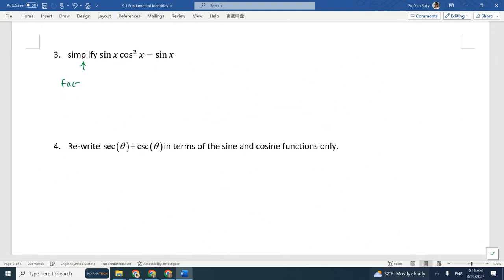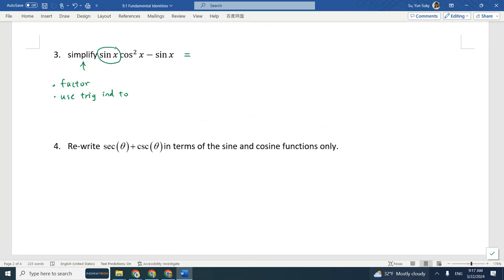If you see something you can factor, factor it. Or if you can use a trig identity to simplify, reduce the number of trig functions. So look at this problem.